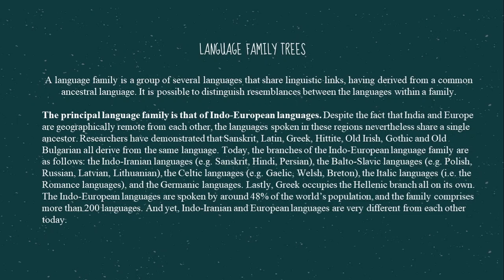The principal language family is that of the Indo-European languages. Despite the fact that India and Europe are geographically remote from each other, the languages spoken in these regions nevertheless share a single ancestor.